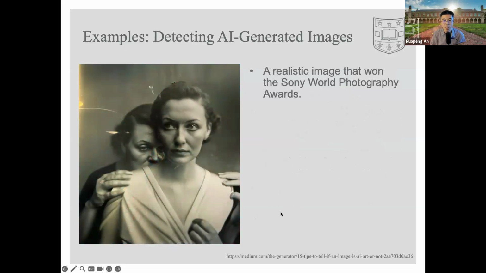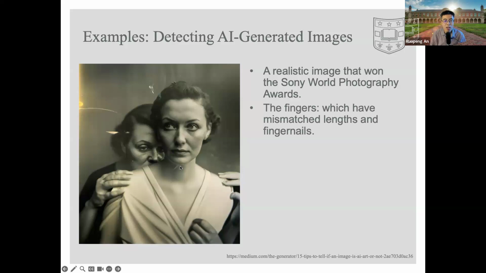And this is an image that won the Sony World Photography Awards. The author played a cheeky monkey, and he didn't declare that this image was actually generated by AI. When he won the award, he declared that, right?